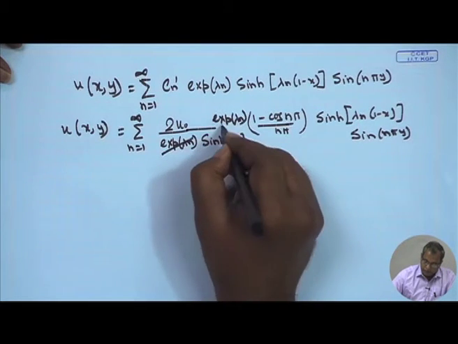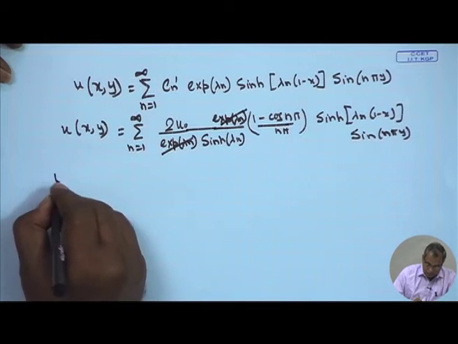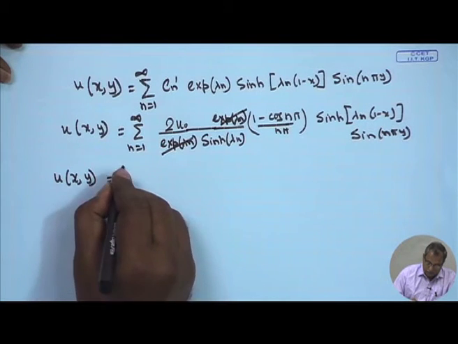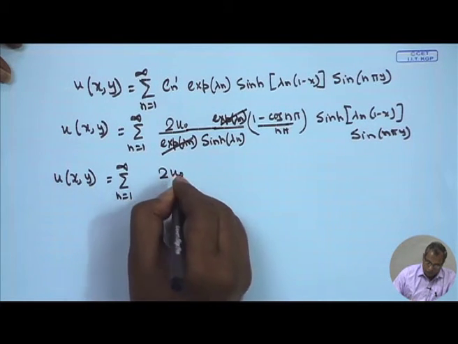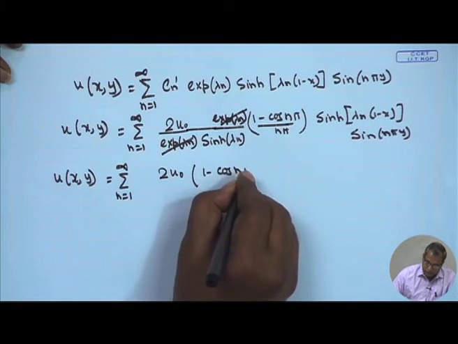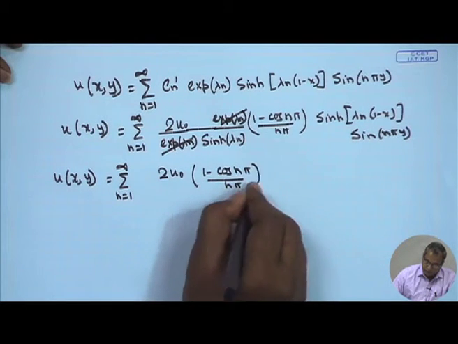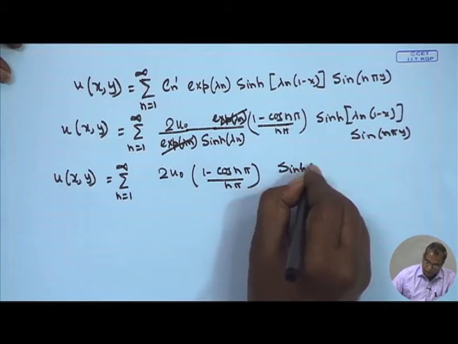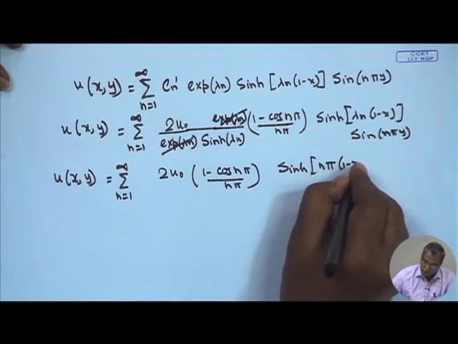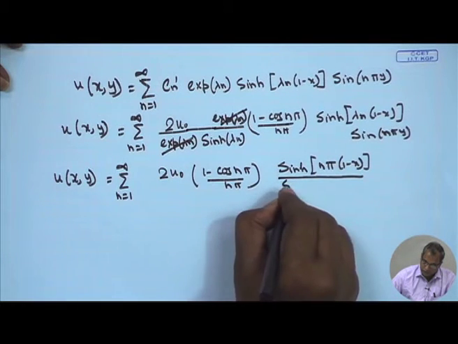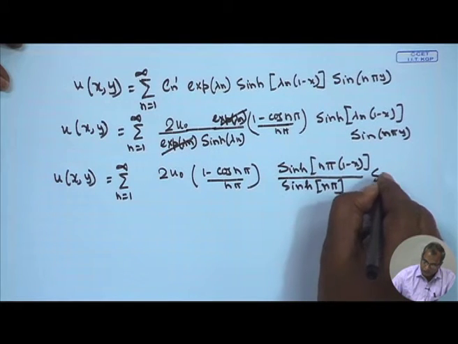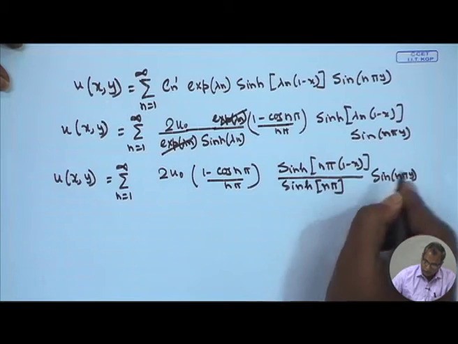So, this exponential lambda n and exponential lambda n will be cancelled out, and you will be getting the complete solution as summation n is equal to 1 to infinity 2 u0 (1 minus cosine n pi) over n pi, times sine hyperbolic of lambda n (1 minus x), where lambda n is n pi, so n pi (1 minus x), divided by sine hyperbolic lambda n, that is n pi, times sine n pi y.